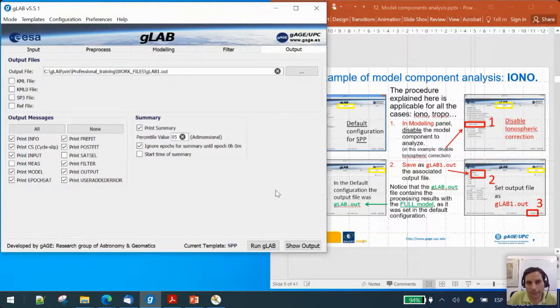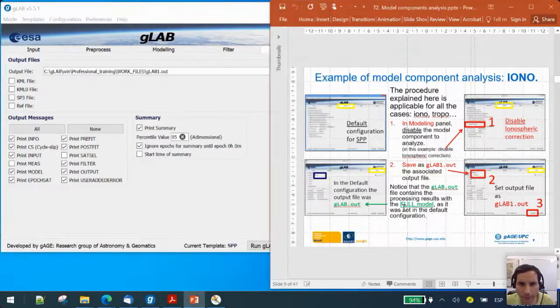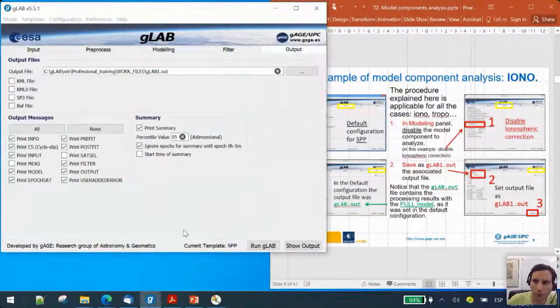So if this is your case, please start from the beginning and apply the full model to the glab.out file name. In glab.out we have the full model, and this is why we put it in green in our slides. And in red, we have glab1, in which we are missing one term of the SPP model, the standard point positioning model. So then we have two different sets of results.